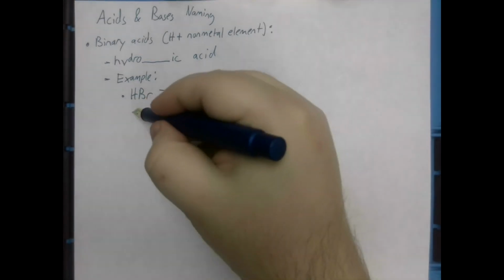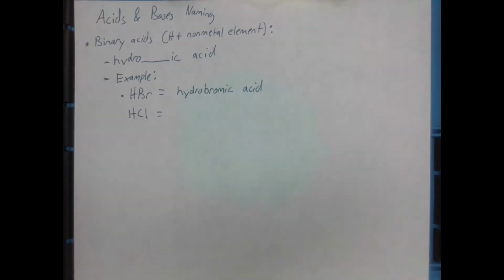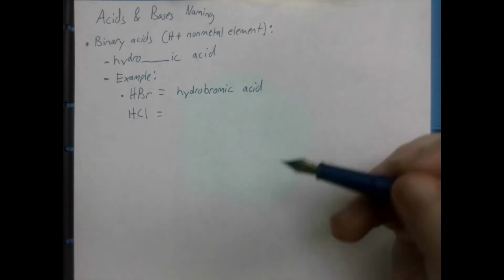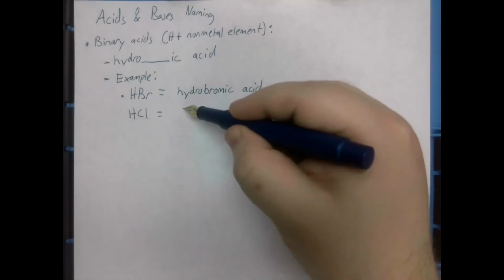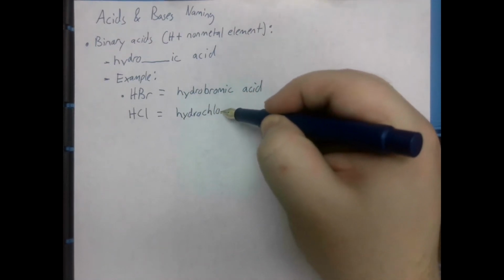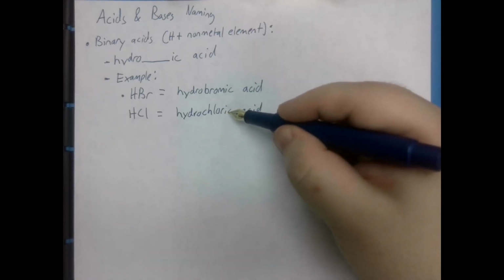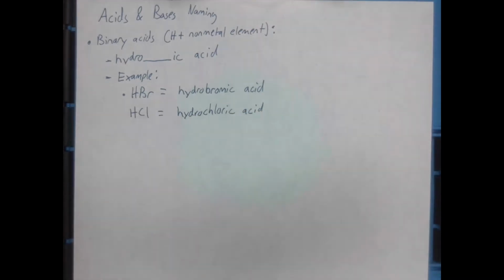What would HCl be? Yes, hydrochloric acid. So we remove the INE off of chlorine and turn it into IC, and we prefix it with hydro.